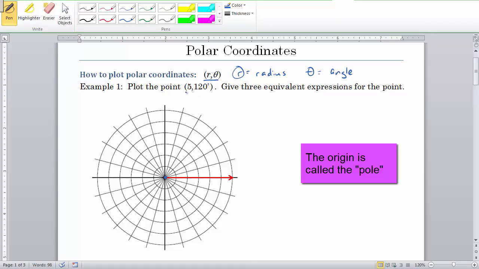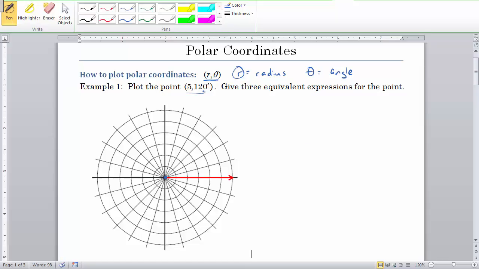How can we plot the point (5, 120 degrees)? Well, believe it or not, we're going to do the angle first. Let's look at my polar coordinate.